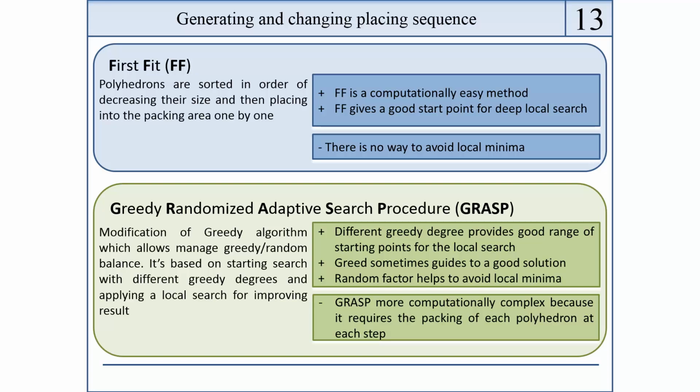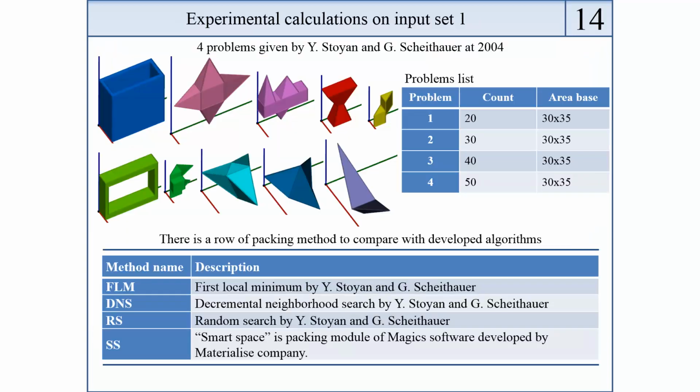It's based on balancing between greedy and random elements, and gives pretty good results. Both methods, first fit and GRASP, used local search to increase the quality of the solution.